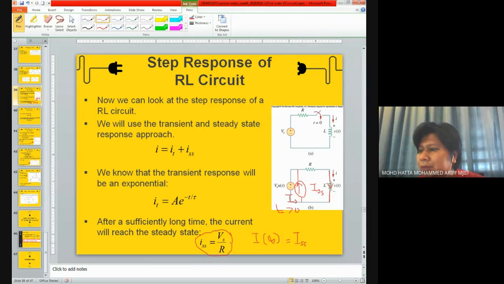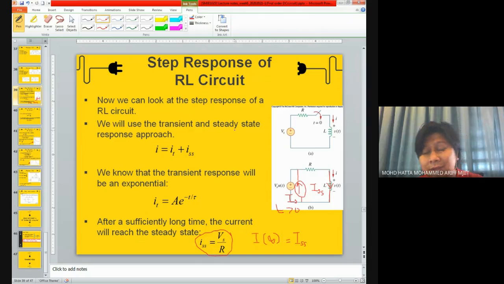I don't have the Vs. Based on the notes that I have, to find ISS is by using Vs over R. That kind of thinking is for students who only read and remember, but don't understand the circuit.